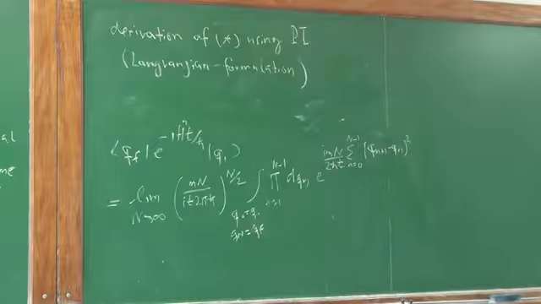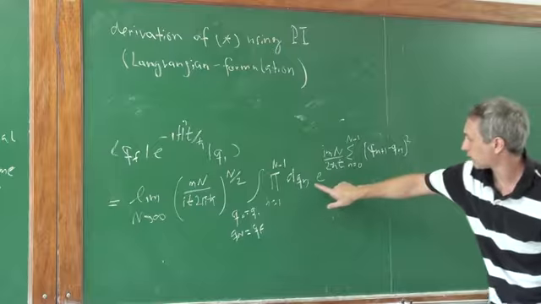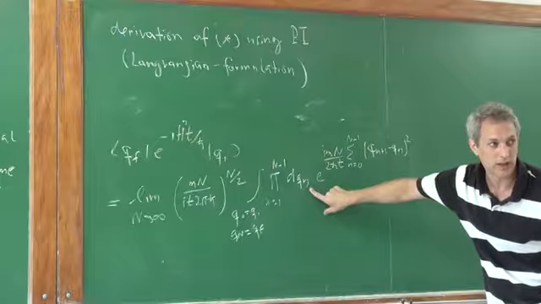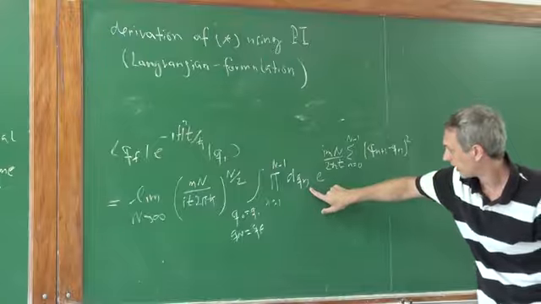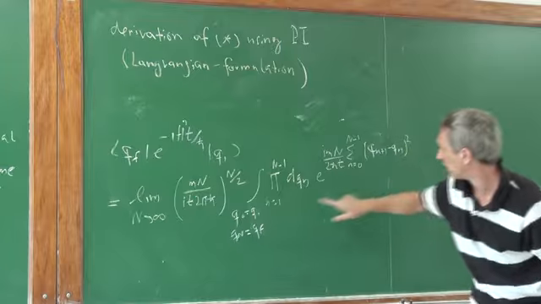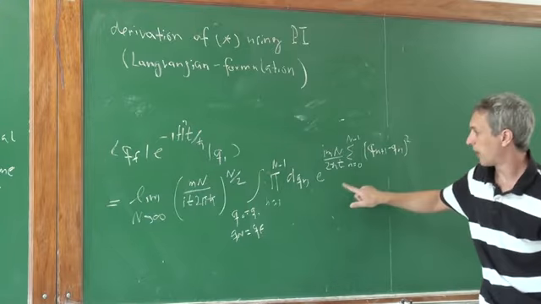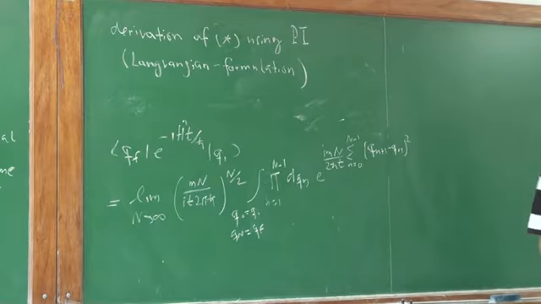So now what we want to do is integrate out all these intermediate coordinates. Q0 is Q initial, Qn is Q final, but Q1 to Qn minus 1 you can just integrate out.